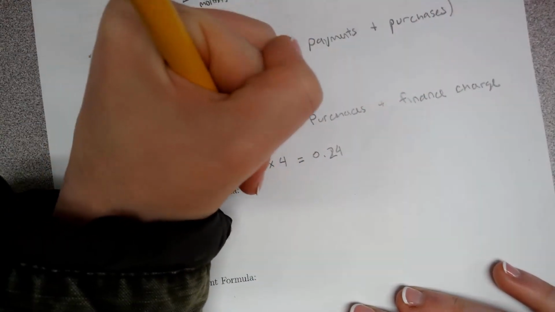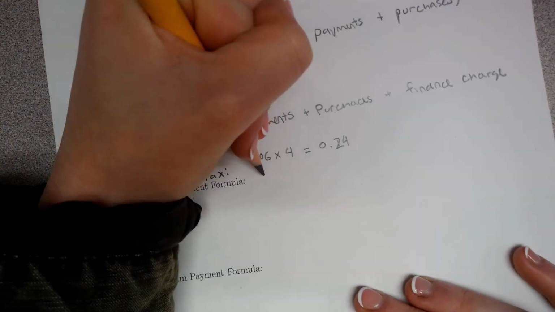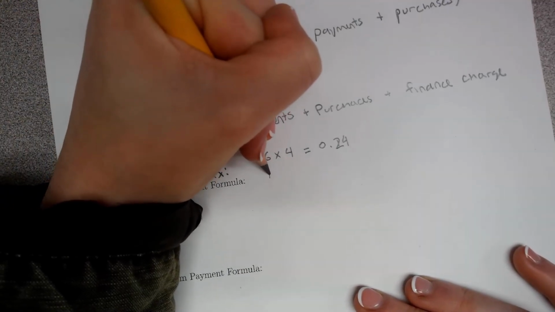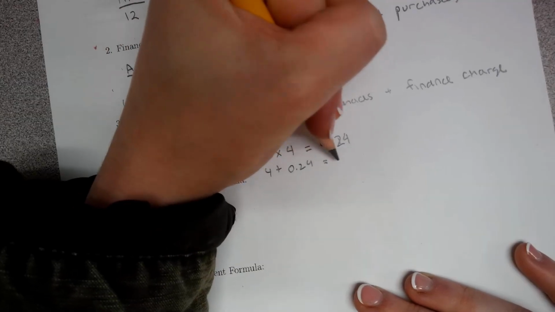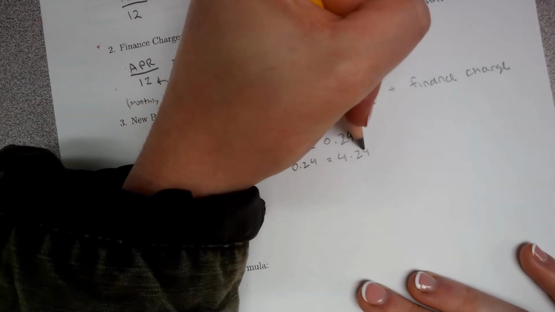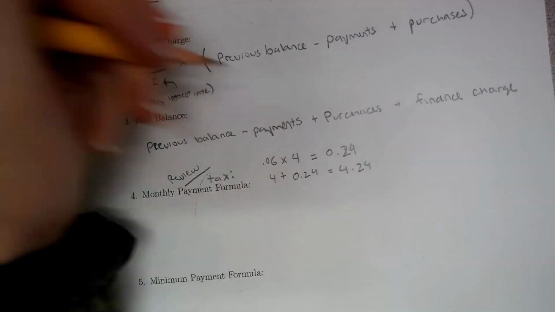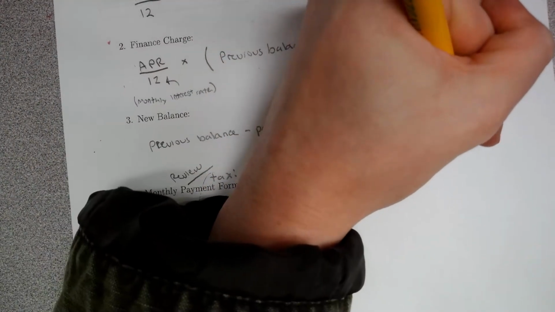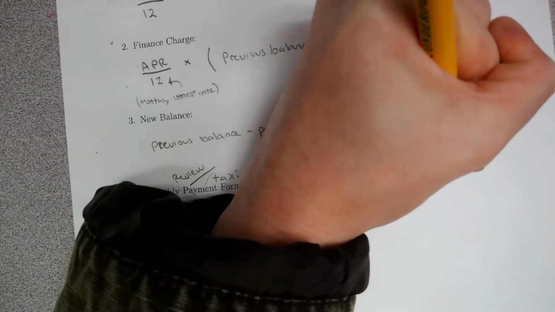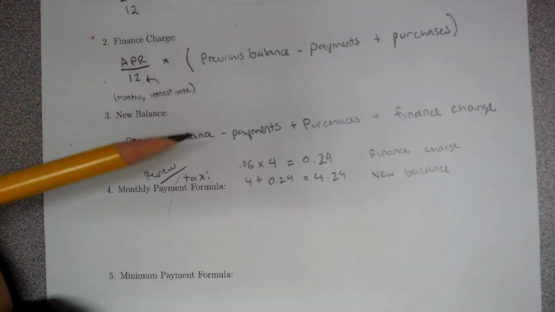And if you wanted to find out how much he spends in total, you would just add that 0.24 plus the 4, and then you would pay a total of 4.24. You remember doing this like 2 weeks ago? I think this was a week 3 thing. So think of this as the finance charge. Think of this as the new balance. Because this is the same exact steps that we're doing.